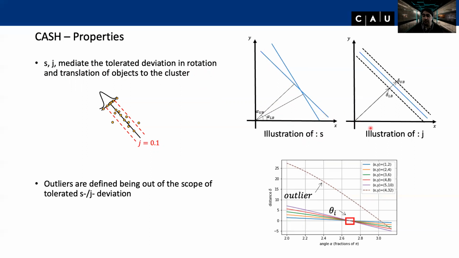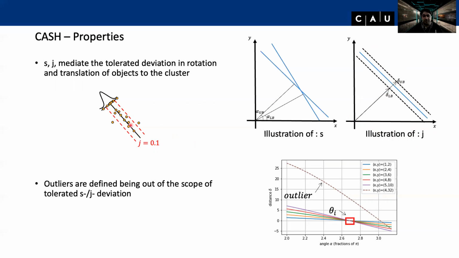While an illustration for the parameter J, the jitter parameter, it would permit a higher deviation orthogonal to that plane that we have. Or in a different illustration here, suppose we choose here a jitter of 0.1, then it means we tolerate also objects which are not right on this line, but which are a bit off to it.